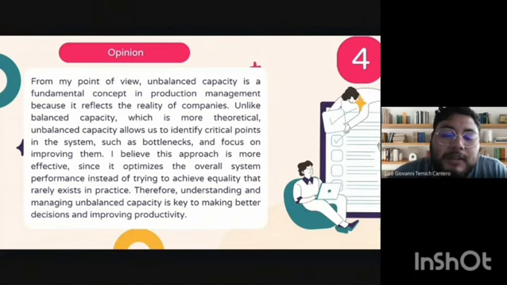In conclusion, understanding unbalanced capacity is key to managing production systems in a more efficient and realistic way. Okay, that is all.